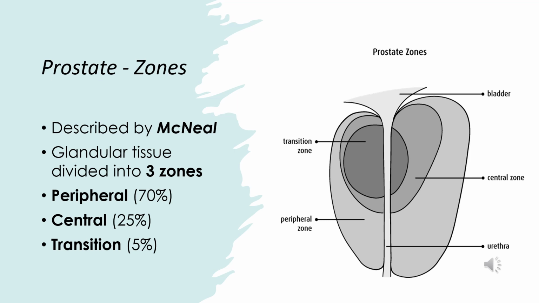And this benign prostatic hypertrophy particularly affects the transition zone. And this transition zone will be enlarged markedly in this particular clinical condition. The peripheral zone is exclusively the site of carcinoma of the prostate.